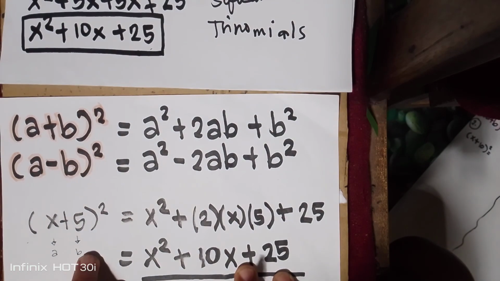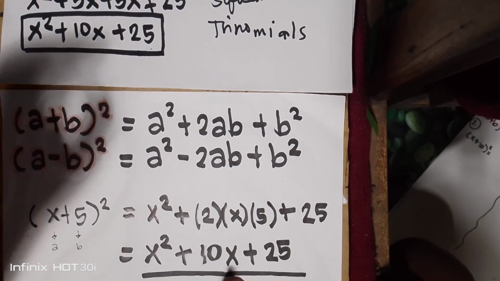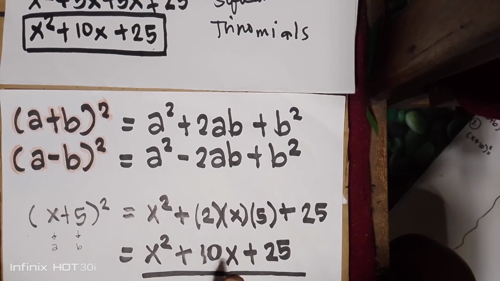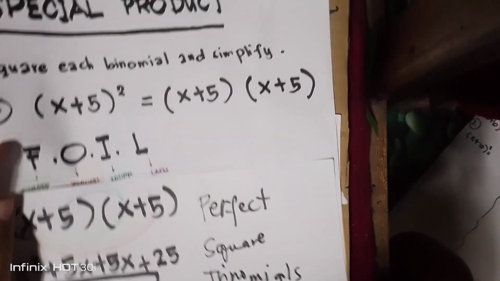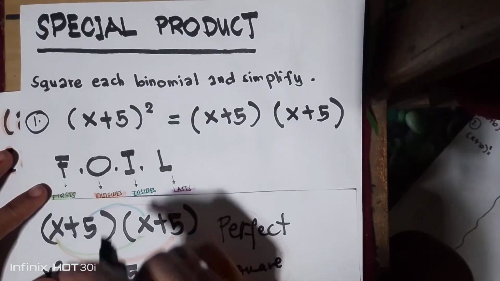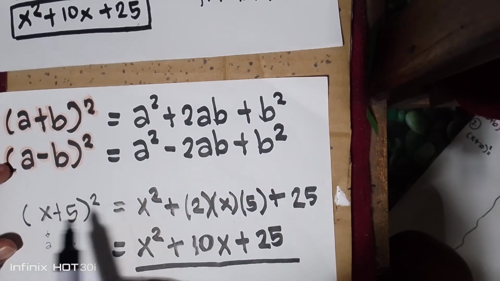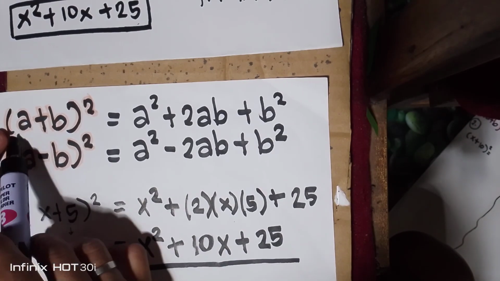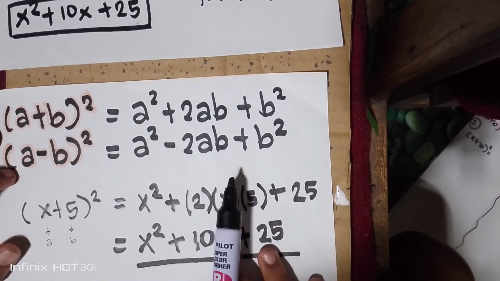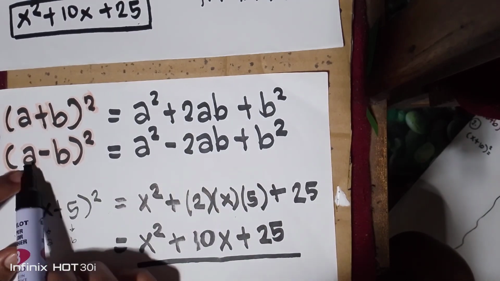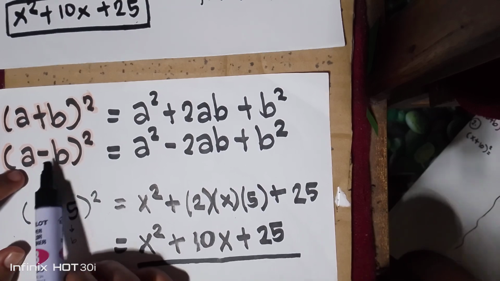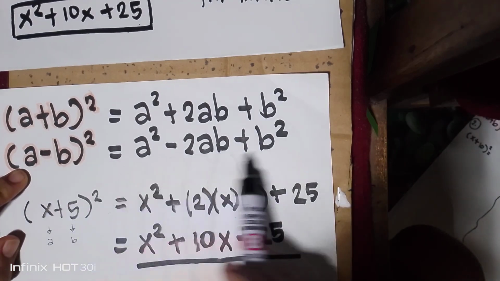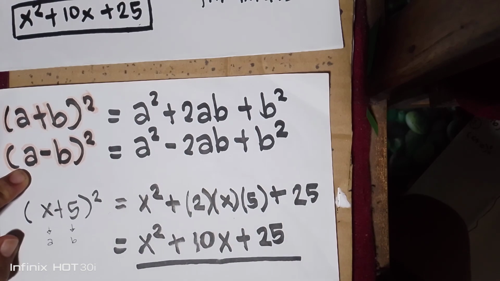So this is a short way to answer the square of binomials. If we observe this kind of binomial, automatically we can use this pattern. Or for example, if we have the difference a minus b squared, we can use also this pattern.